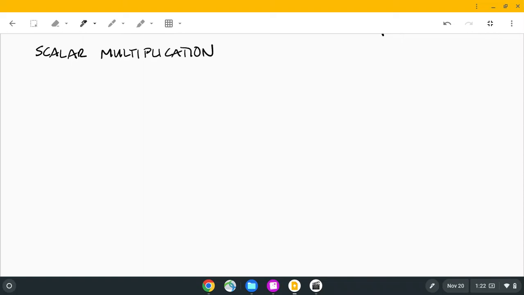And again, vectors are used to represent forces. Forces that act on each other, forces that act on an object. Okay, so suppose that I have this vector, 2, 3. And I need to find this scalar multiplication, which means multiplying by a real number.